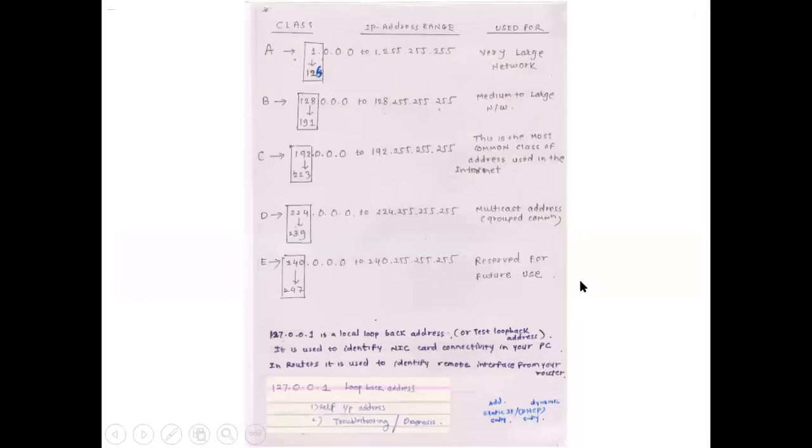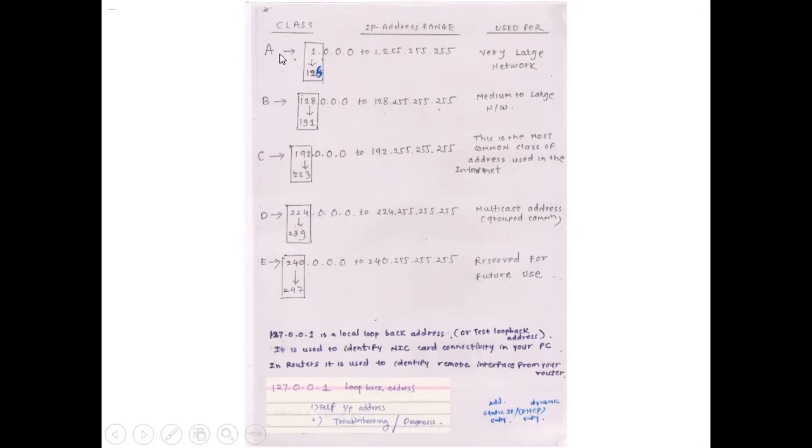Next, this slide is very important. In IP version 4, there are 5 classes: A, B, C, D, and E. D is used for multicasting type of application, and E is reserved for future use. Now all of you give attention.